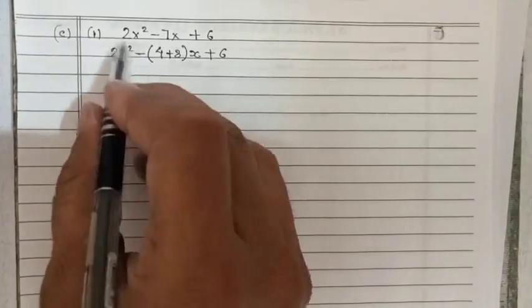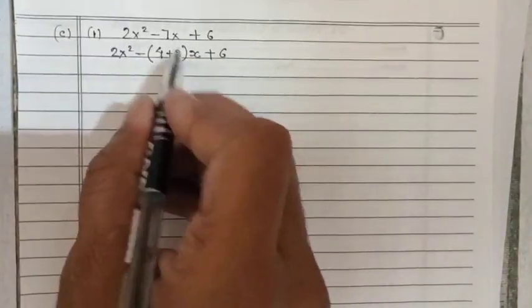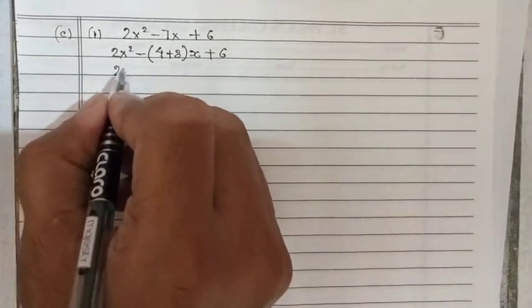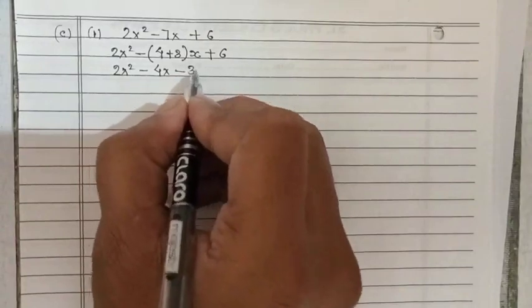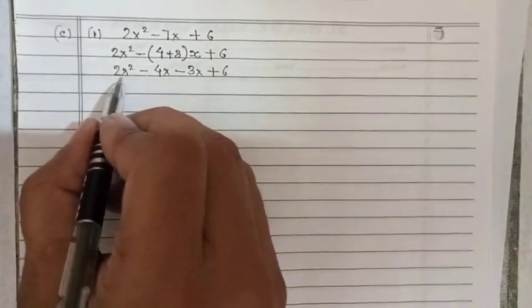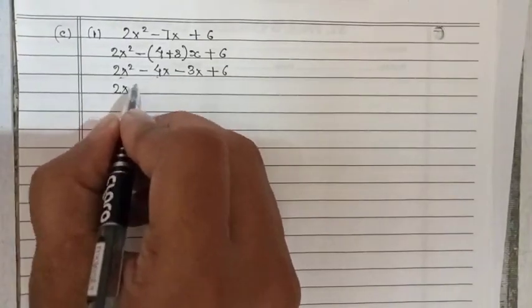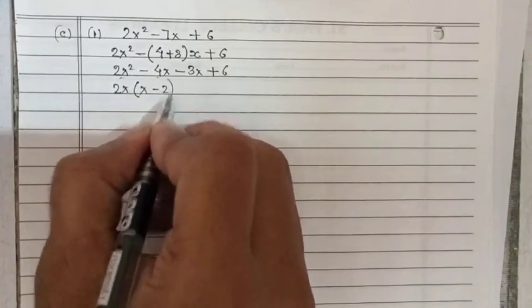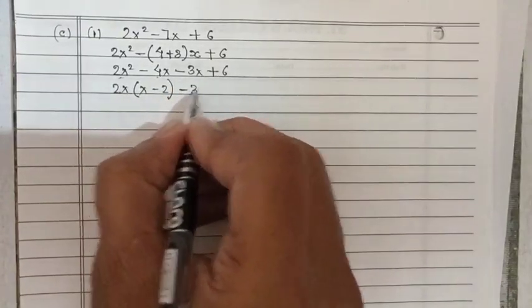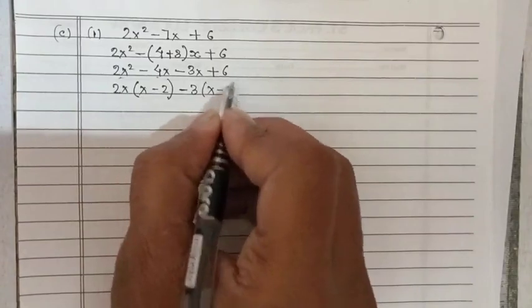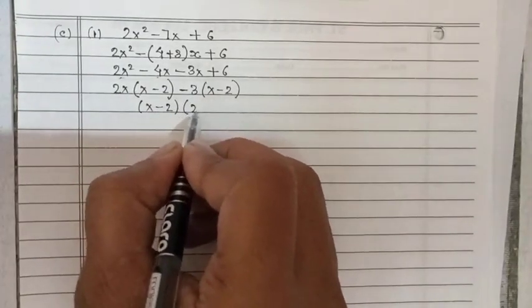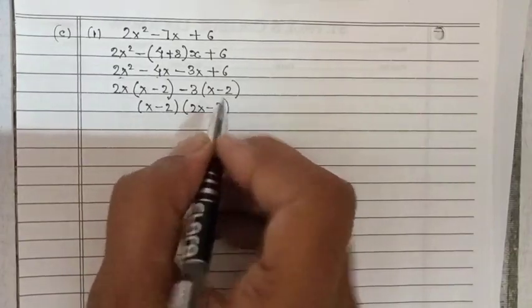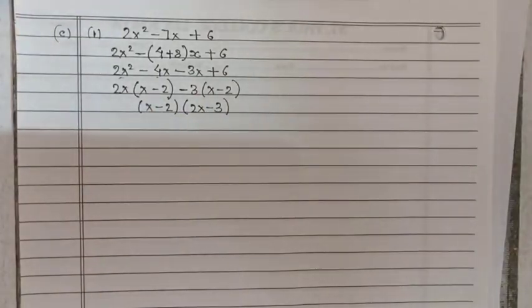Their product gives 12, 2 sixes are 12, and their sum gives 7. Now pairing, from the first pair you can take 2x common, from the second pair you can take 3 common, so you are getting (x minus 2)(2x minus 3). This will be the factorization.